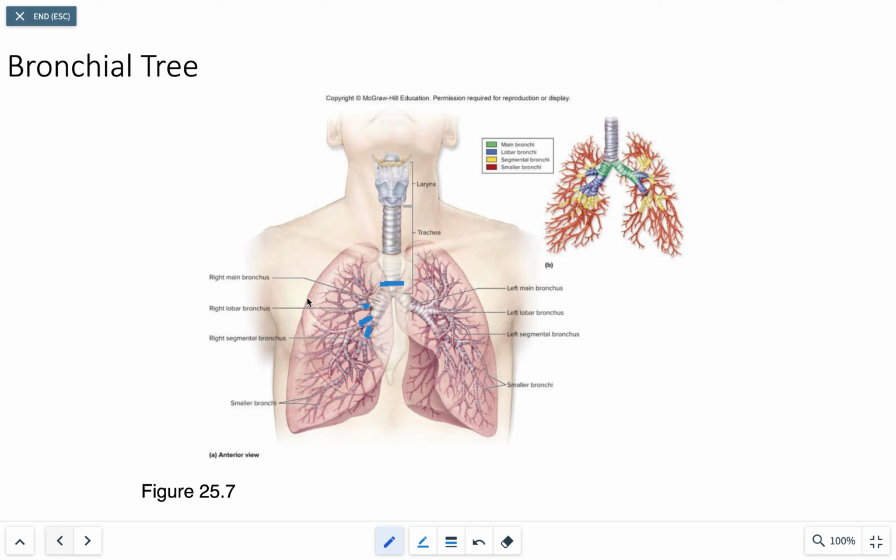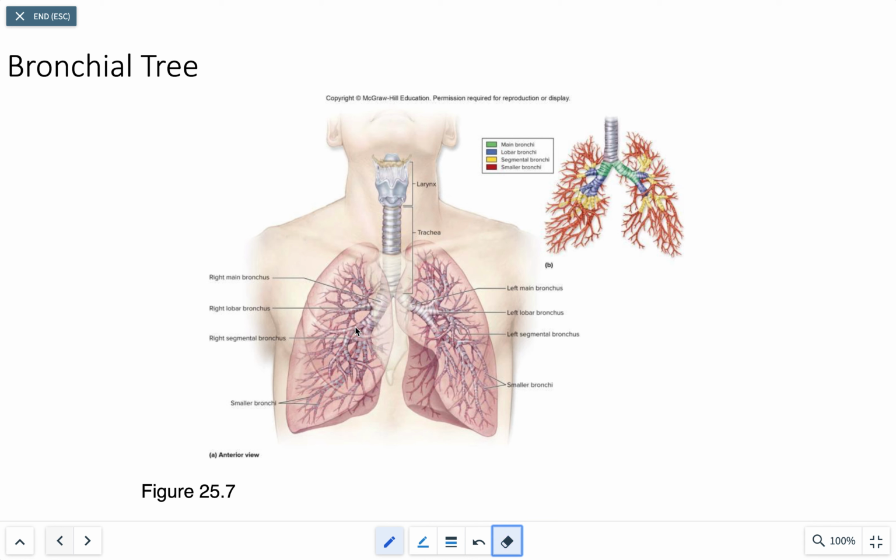These are correlated with the lobes. If I draw lines over here, we can see that the right side has 3 lobes and the left side has 2 lobes. The reason we only have 2 lobes on the left-hand side is because this is the cardiac notch. We just have to make room for the heart.